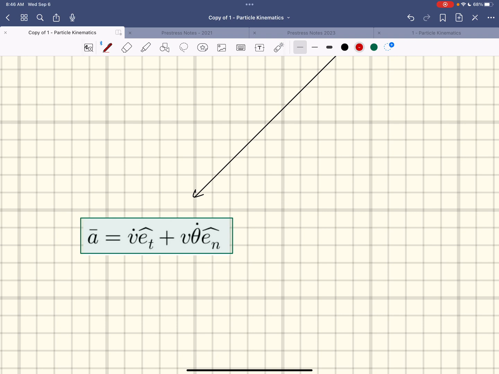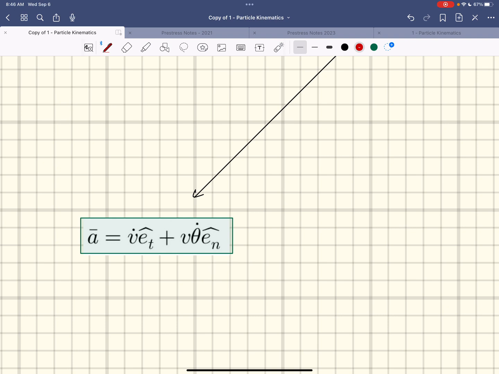Which should ring true a little bit. Maybe this form isn't familiar to you, but it should be familiar that your acceleration has two components in it. Why does my acceleration end up with two components, in two different directions?